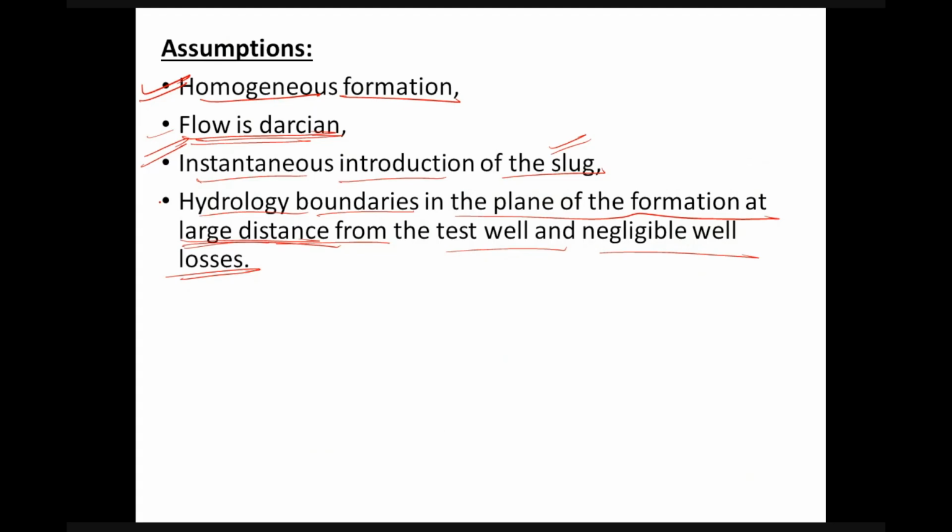Now, hydrological boundaries in the plane of the formation are at a large distance from the test well. Coming to the hydrological boundaries, let's say we have this well. We are considering, let's say, a hydrological boundary, it could be a river which is recharging this aquifer. So we are neglecting this because it occurs at a very large distance from this test well, and there is no well loss occurring within the well.